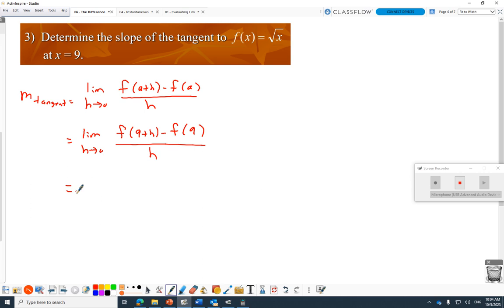Then, limit as h approaches 0. Sub it in, root 9 plus h minus root 9 over h. Don't panic yet.